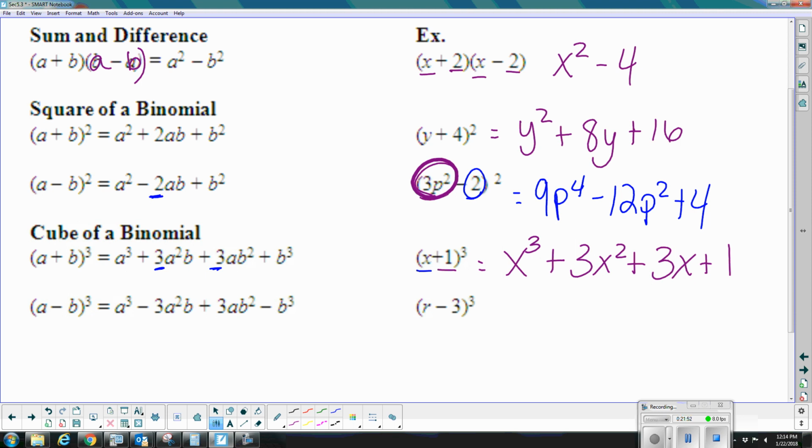And then in the last one, your difference, it's the same general rule, except these signs are negative.